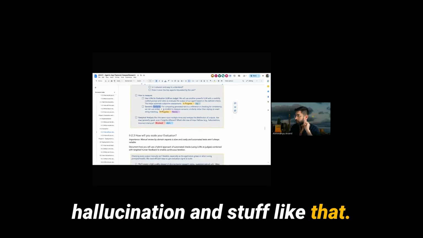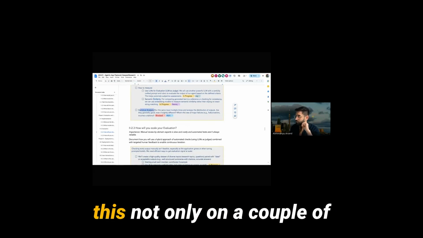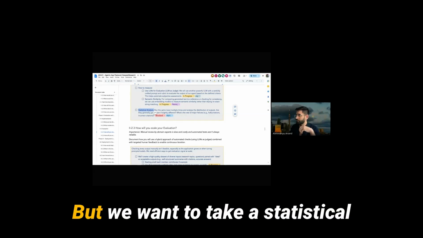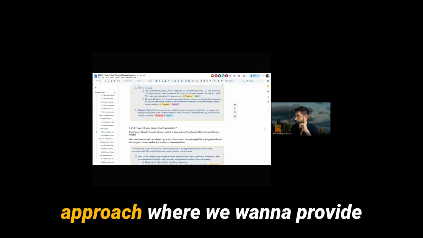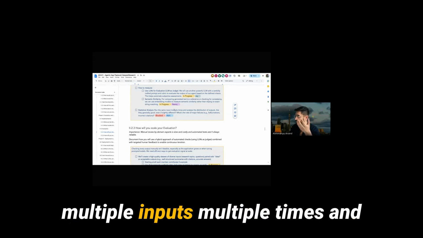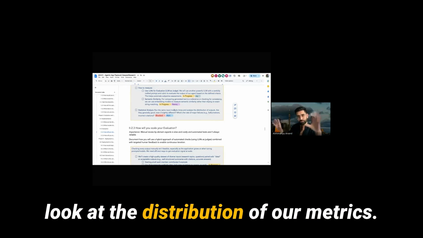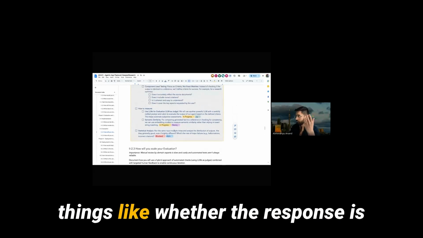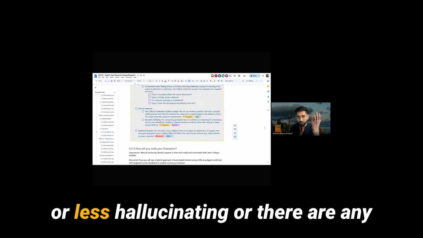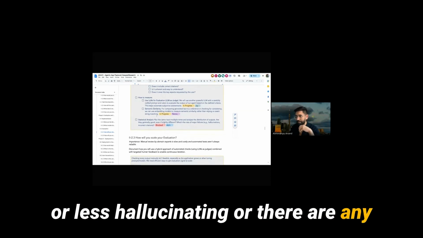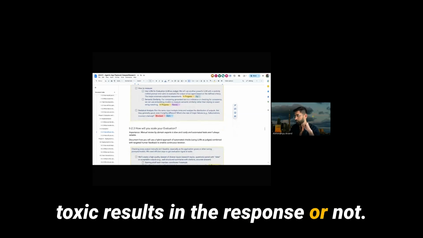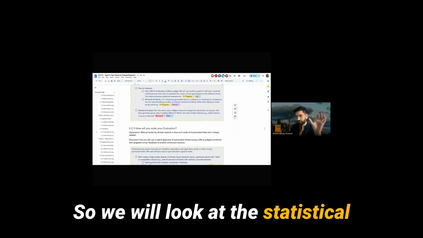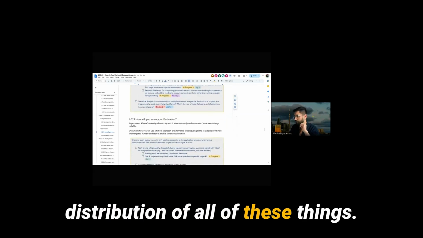What we intend to do is not only look at a couple of documents or a couple of runs, but take a statistical approach, where we provide multiple inputs multiple times and look at the distribution of our metrics. Our metrics can be different things, like whether the response is relevant or not, whether the model is hallucinating, or whether there are any toxic results in the response. So we will look at the statistical distribution of all of these things.